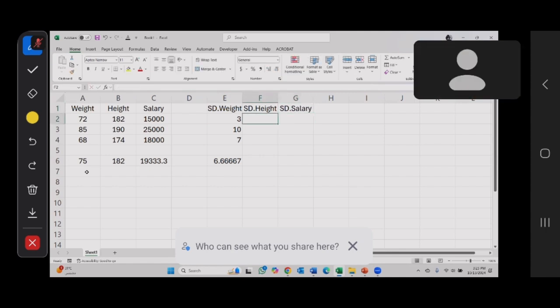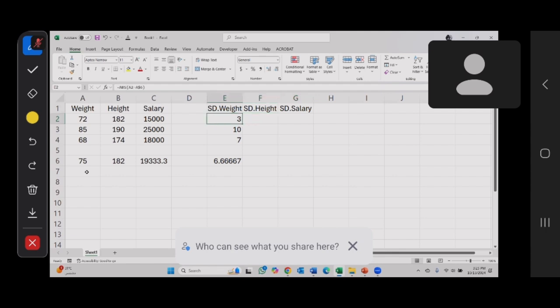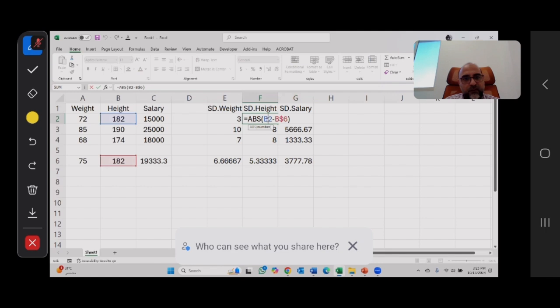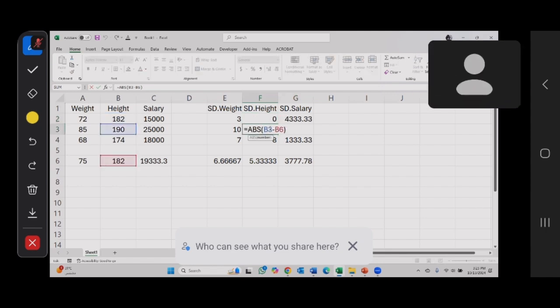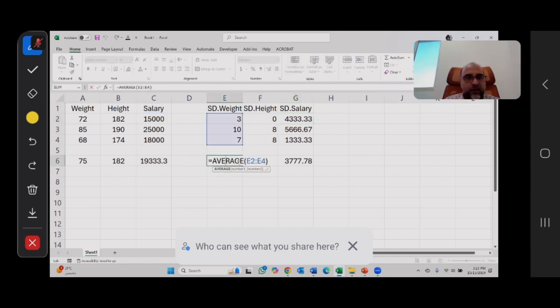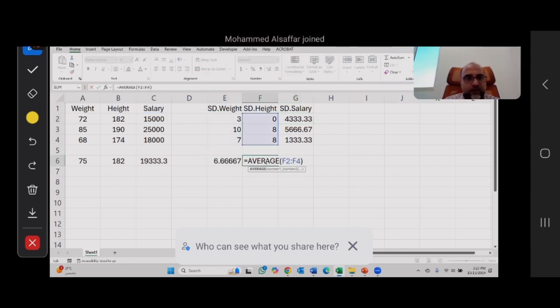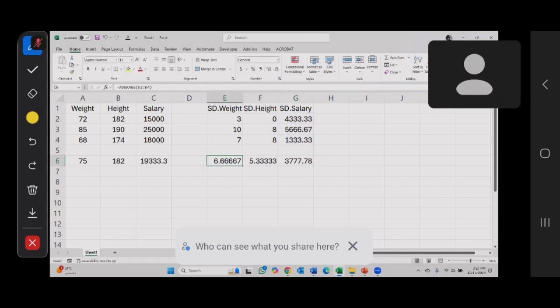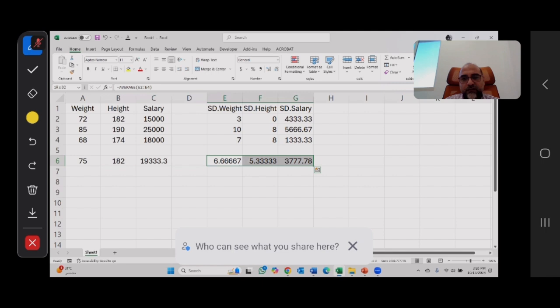We subtract 182 from 182, which is 0. Then you take the average. Everybody is okay with that? You all understand how to find the standard deviation?